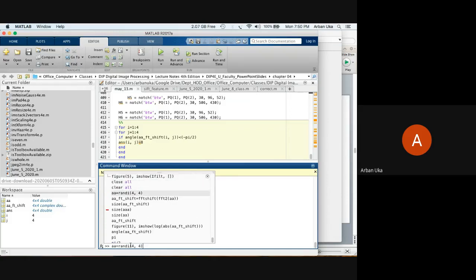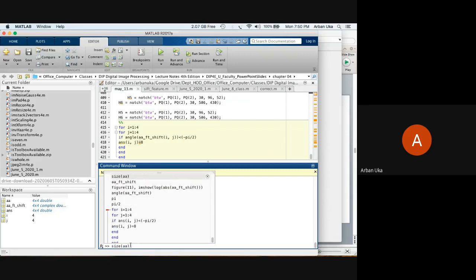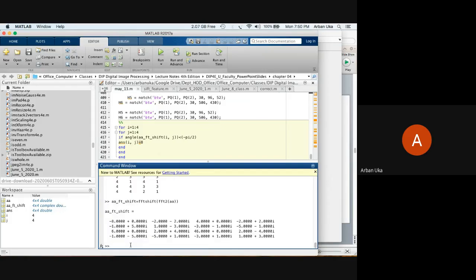Okay, let's randomly generate this again. We've got the AA, and I use a very long notation just for the sake of keeping it clear in the code what this variable is about. Then for a moment, let's say that BB is equal to AA Fourier transform shift.